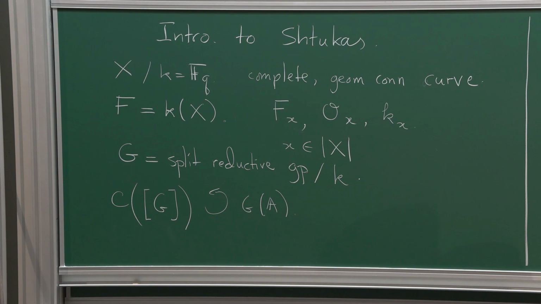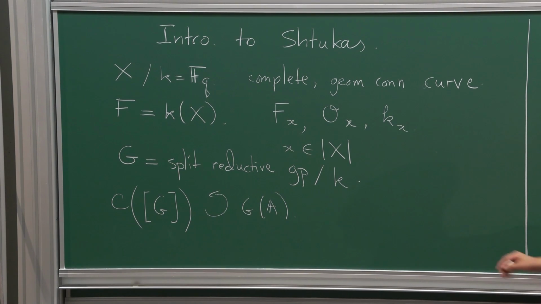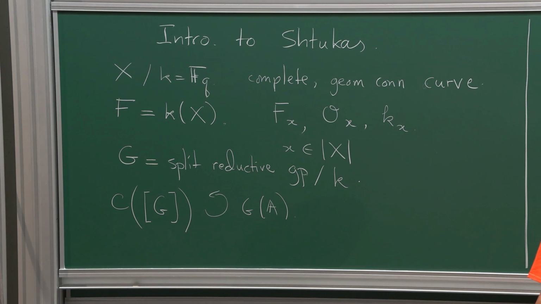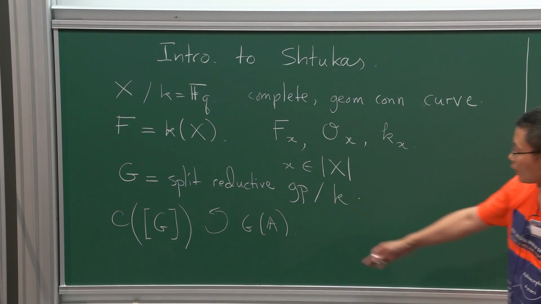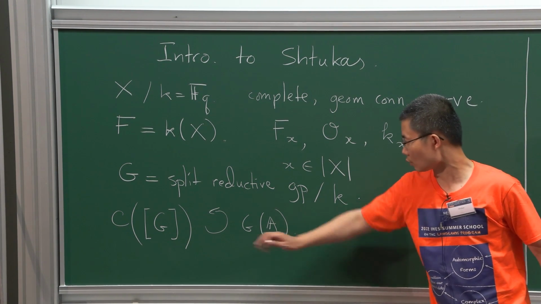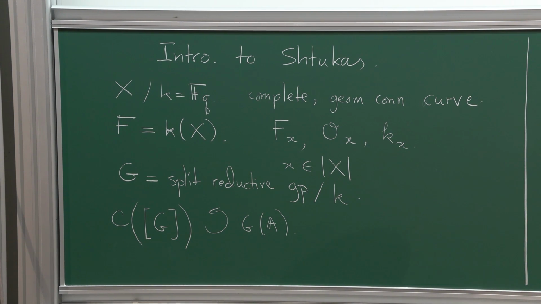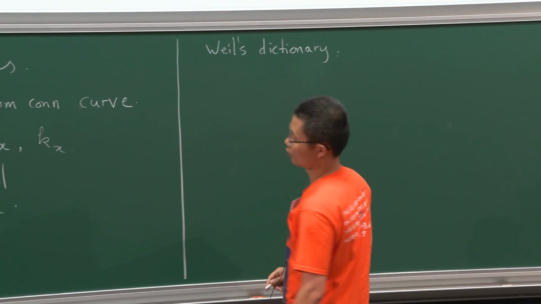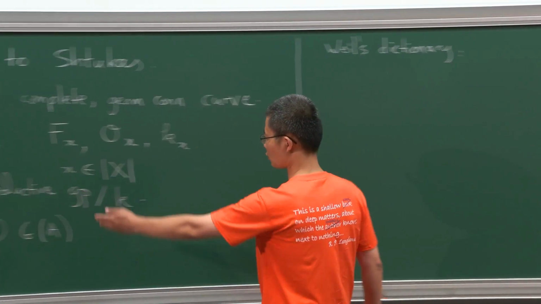But we are going to interpret these kinds of function theoretic notions in terms of more geometric language. This is already mentioned for GL_n in Pierre-Henri's talk this morning, so let me just restate it, Weil's dictionary for split reductive group.